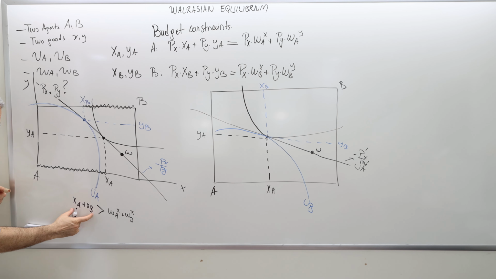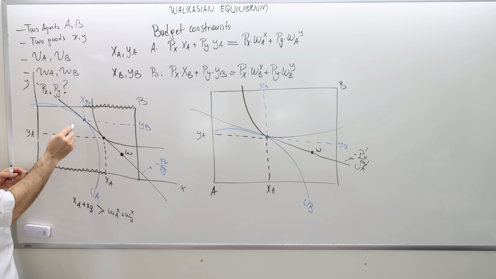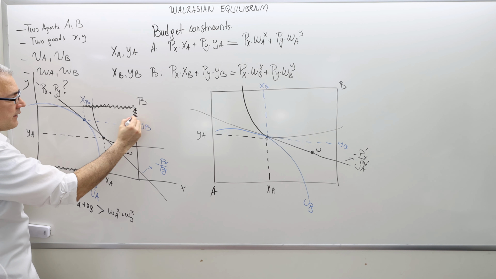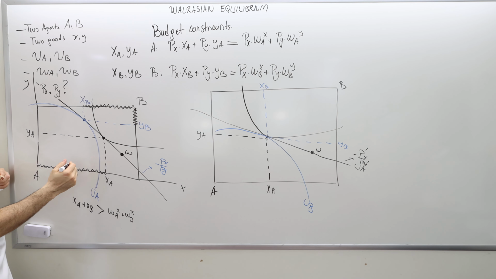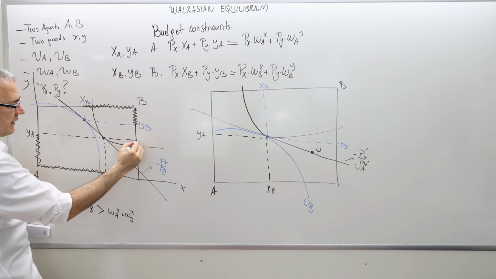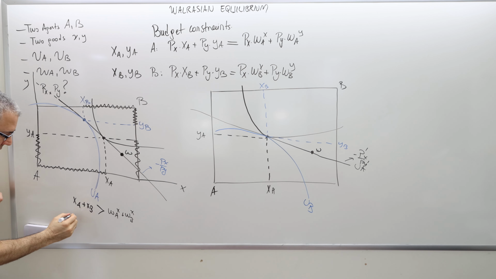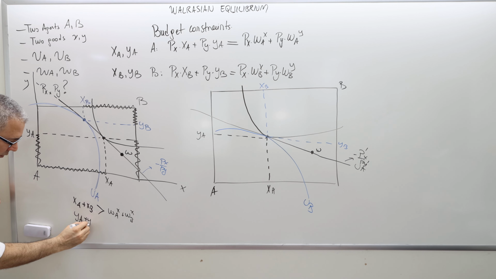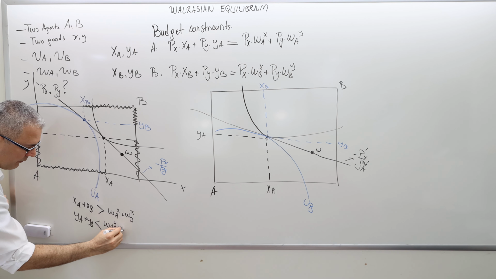Meaning demand is more than supply. On the other hand, if you look at the Y's, this is how much Y agent B would like to buy, and this is how much Y agent A would like to buy. So basically, this plus this. As you see, there is a gap. This is because YA plus YB is less than WAY plus WBY.